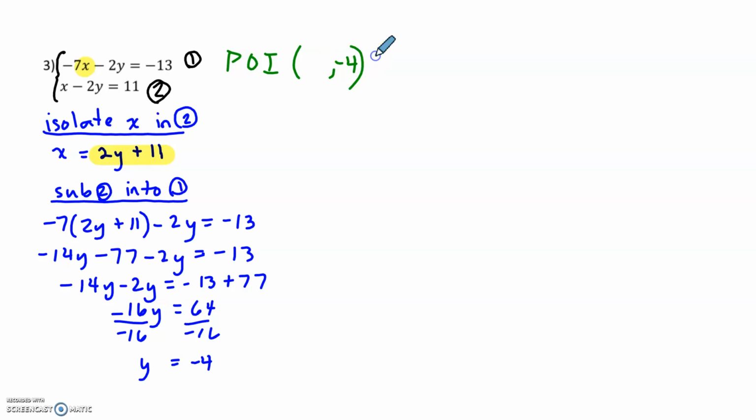Okay, so this time what we found of the POI was not the x value, this time we found the y value. So we're now going to sub y equals -4 into one of the equations. It does not matter which equation, I'm going to sub into equation 2 this time. Okay, so in equation 2, it's x minus 2y. So when I come to the y, I'm going to plug in that -4 equals 11.